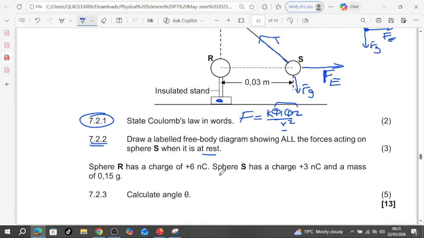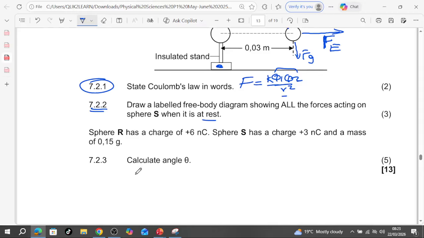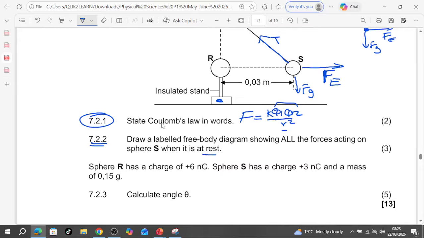Easy 3 marks, right? So sphere R has a charge of positive 6 nanocoulombs, and this one has positive 3 nanocoulombs. And the mass, what is it?